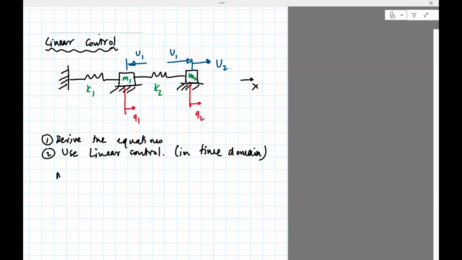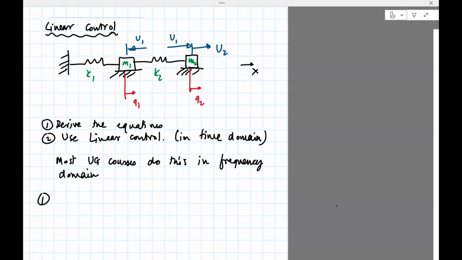Most UG courses do this in the frequency domain, and that's what we will not do. So I think it will be new to most of you. Okay, so I think I have enough time to derive the equations.